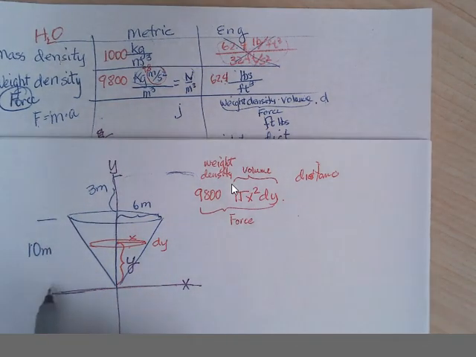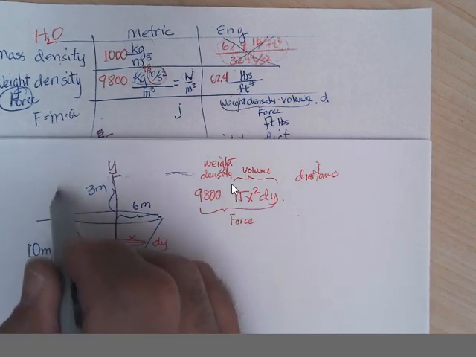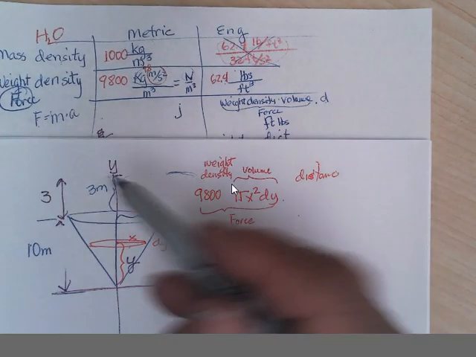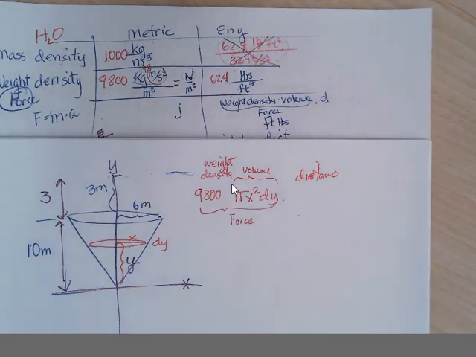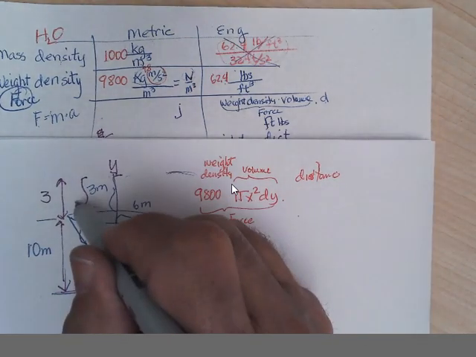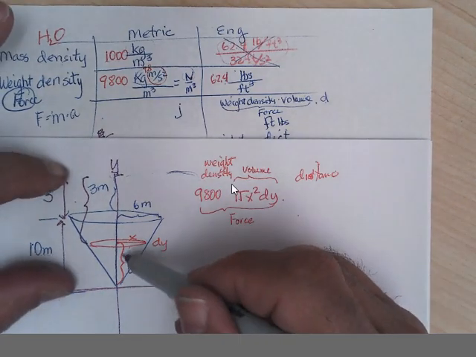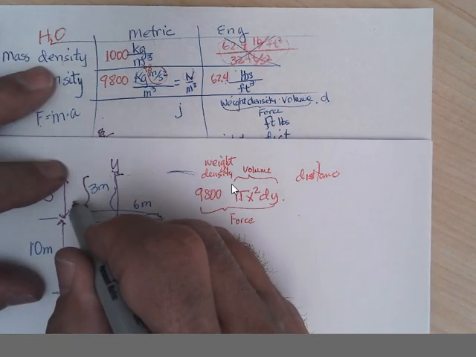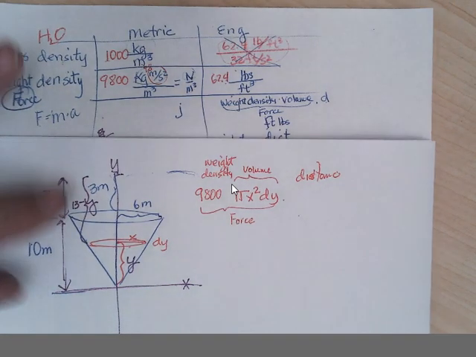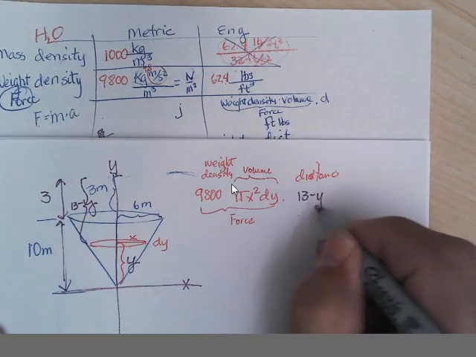If this is 10 from here to there, and this part is 3, then the distance I'm lifting it, from here to there, is going to be 13 less y. 13 minus y. That's the distance I'm going to lift that disk. 13 minus y.